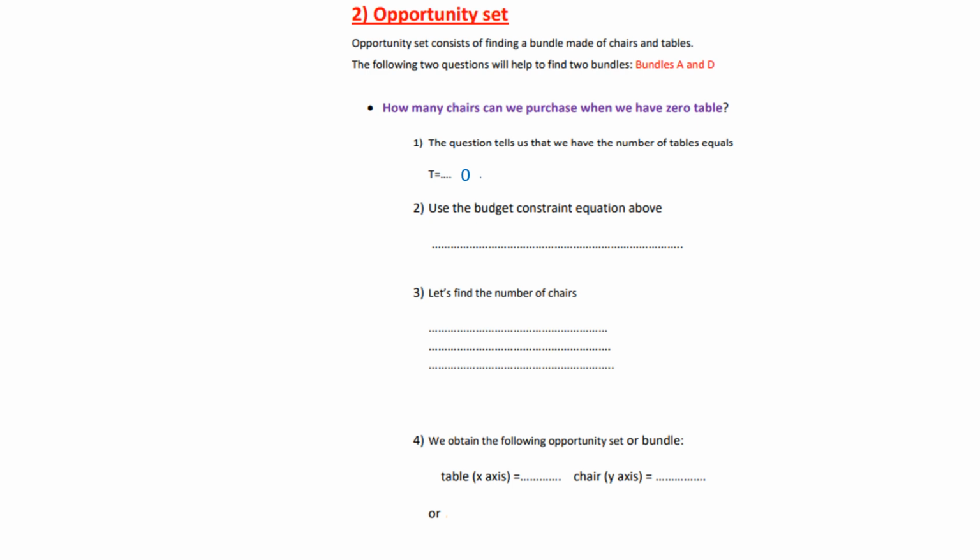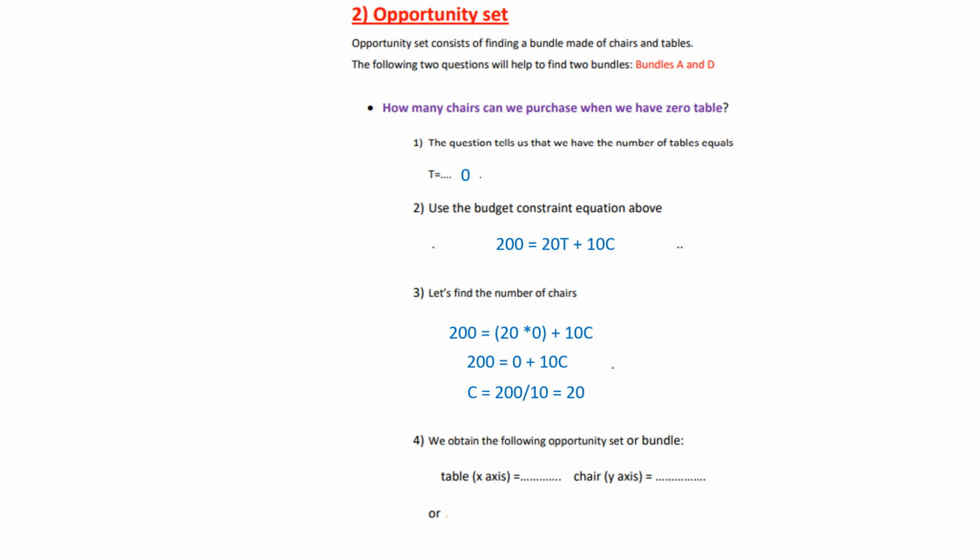The next step is now to use the budget constraint equation, which is 200 equal 20T plus 10C, and we will now plug the value of T equals 0 in that budget constraint equation and solve for C. And that leads us to the mathematical formulation, which is C equal 200 divided by 10 equal 20. So with zero purchase of table, all the money goes towards the purchase of chair, 20 chairs that we purchase.